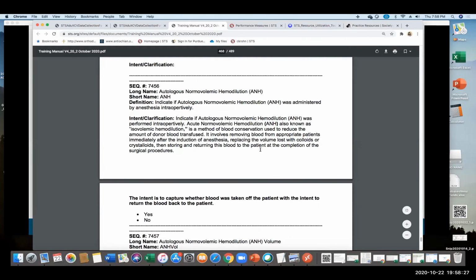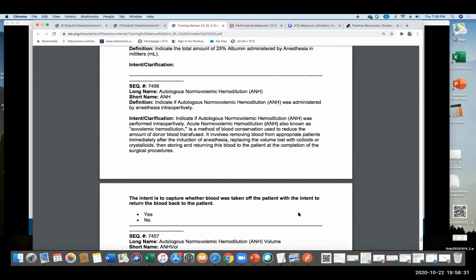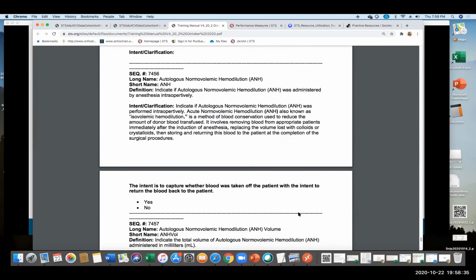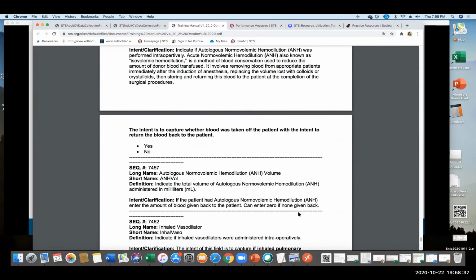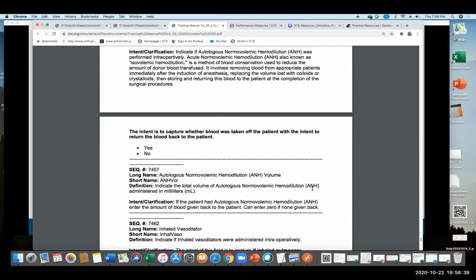And obviously, this is a variable that could be approached from two different angles. If there are hospitals that use weighing scales, that's going to be the more adequate way to tell how much volume of ANH was drained during the cardiac surgical procedure.